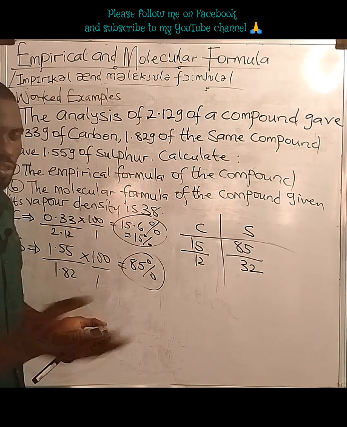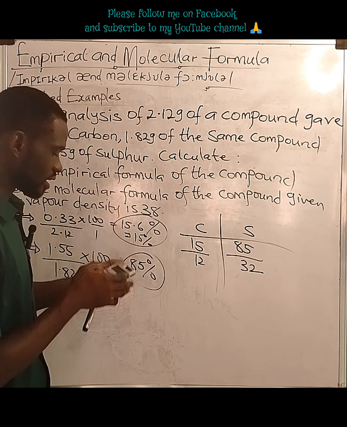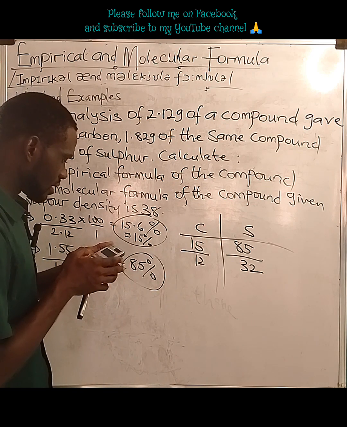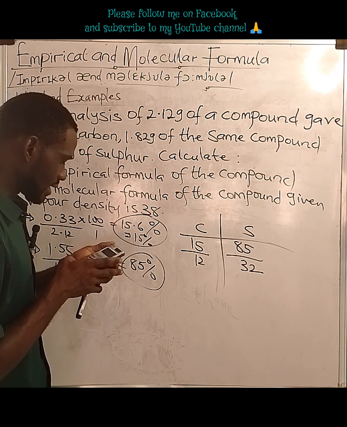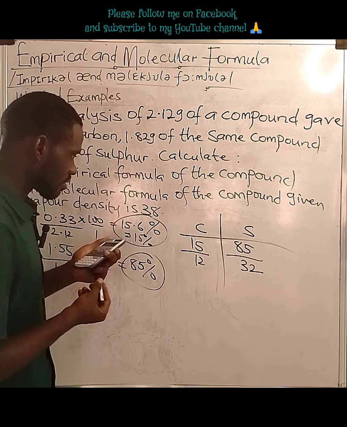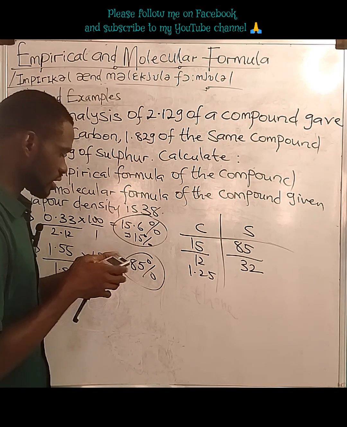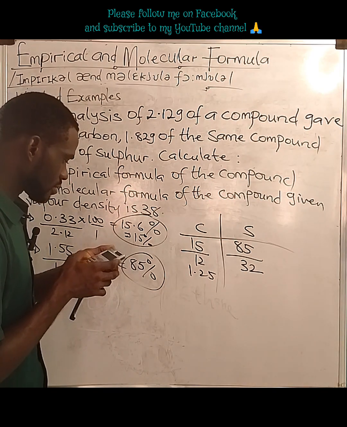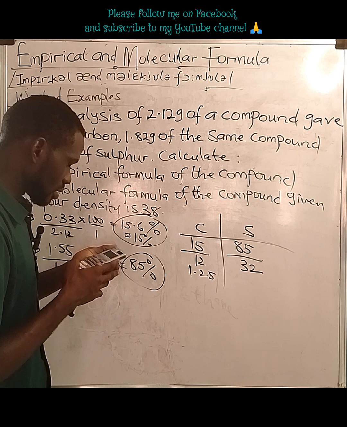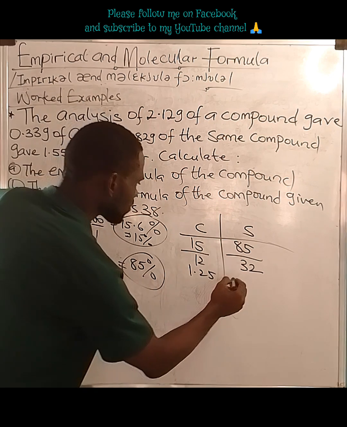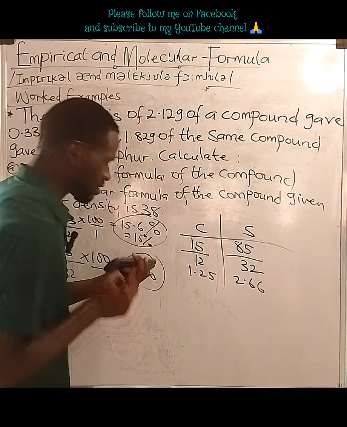Now we're going to get the mole, which is mass over molar mass. So 15 divided by 12 gives us 1.25. Next, 85 divided by 32 is 2.656, so let's say 2.66.